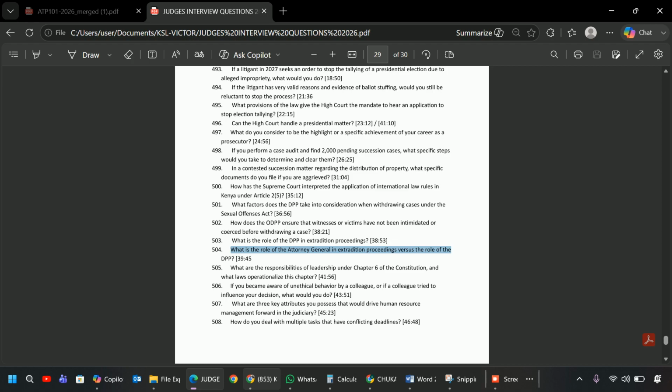Any person to whom such warrant is directed, and the person so authorized as aforesaid, may receive, hold in custody, and convey into the jurisdiction of that country the criminal mentioned in the warrant. So those are the governing rules.